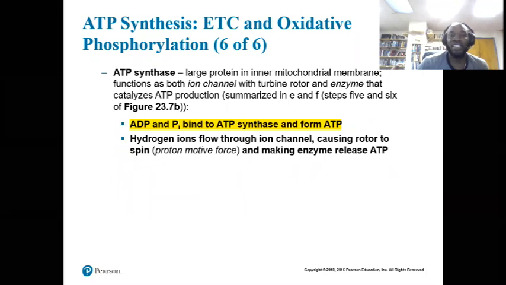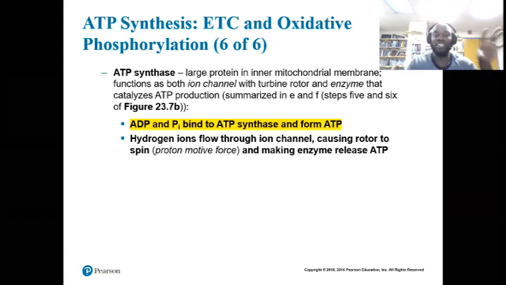So ATP synthase, that sounds like an enzyme, is a large protein in your mitochondria that functions as an ion channel, turbine, rotor, and an enzyme, and catalyzes ATP production. What you want to make is ATP, and a phosphorus group binds to ATP synthase to form ATP.